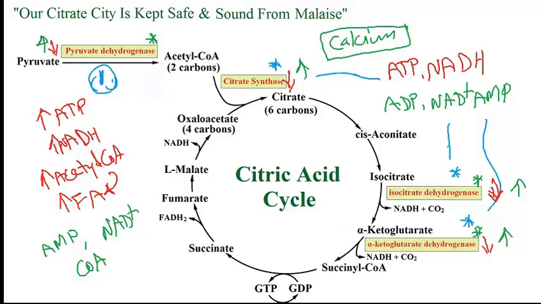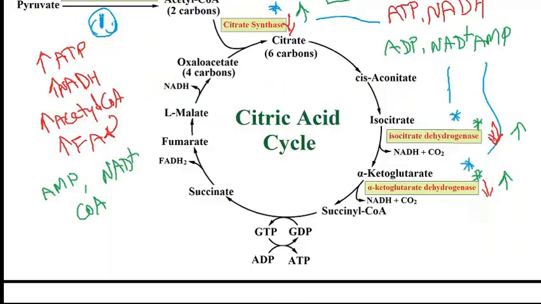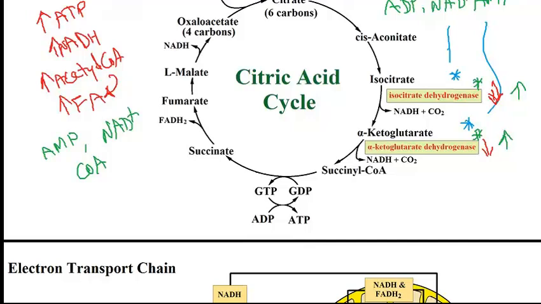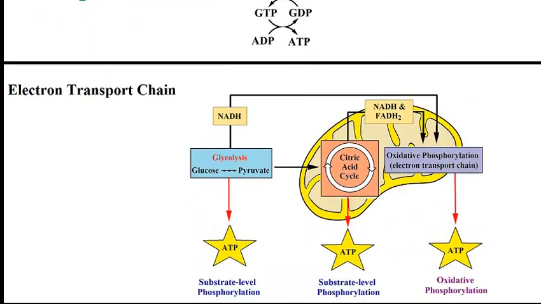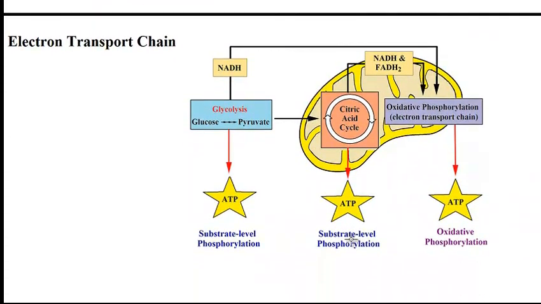Alright, so now we are done with the citric acid cycle. Next, we can move on to the electron transport chain and explain how different products of the citric acid cycle and glycolysis can contribute to the production of ATP. So there we go.